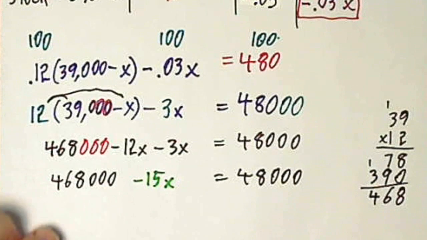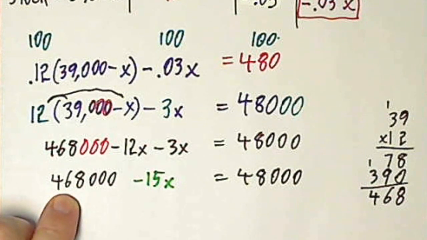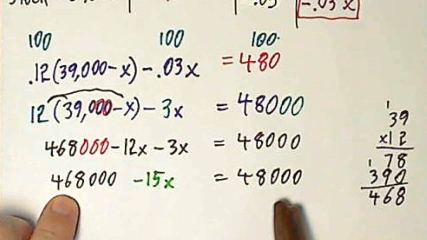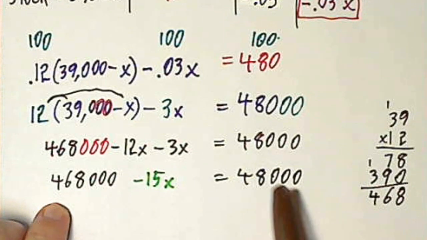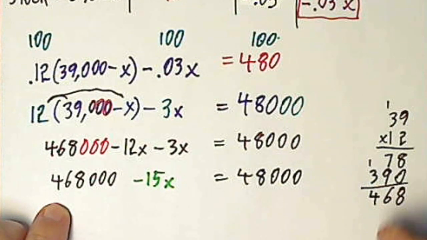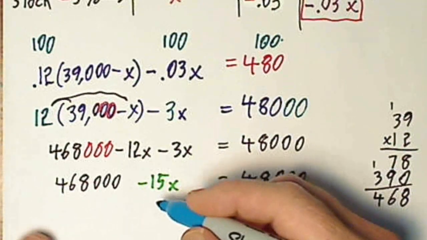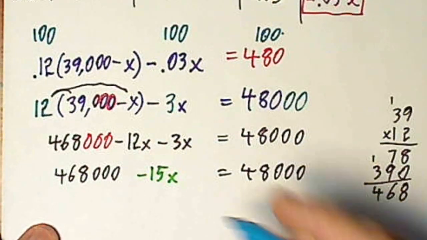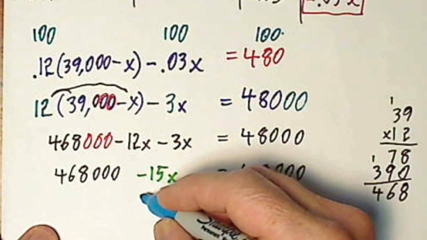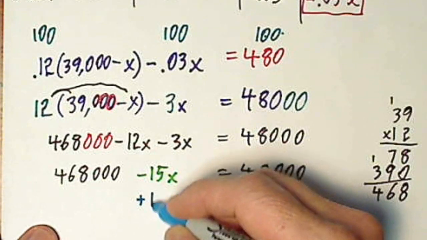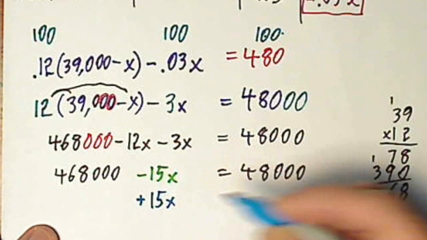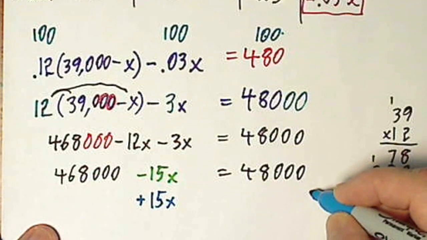And normally at this point I would subtract 468,000, but I won't be able to work it. If I just put it down here, I'll have to rearrange it just to subtract. I'm actually going to do two steps at once here. I'm going to add 15x to each side. Usually I just do one step, but I think we're going to go a little bit more sophisticated. I'm going to add 15x to each side.